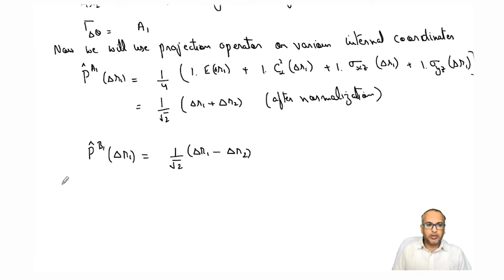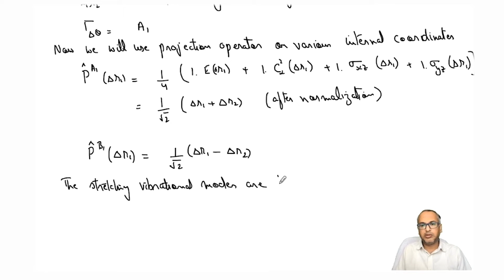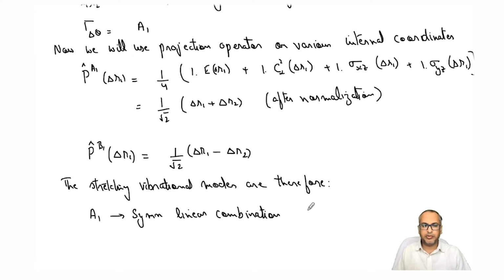So let us also do it for, okay, so let's see. So the stretching vibrational modes are therefore the stretching. A1 means it's a symmetric linear combination of delta R1 and delta R2, right?